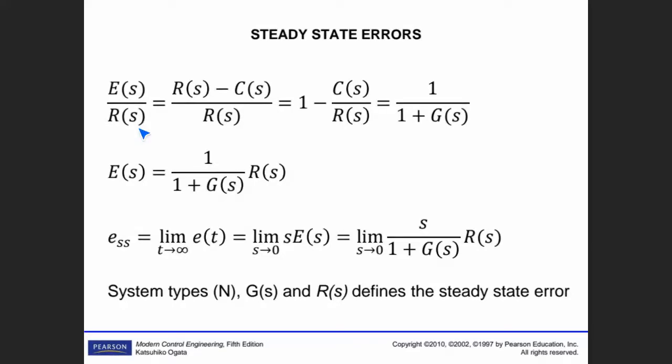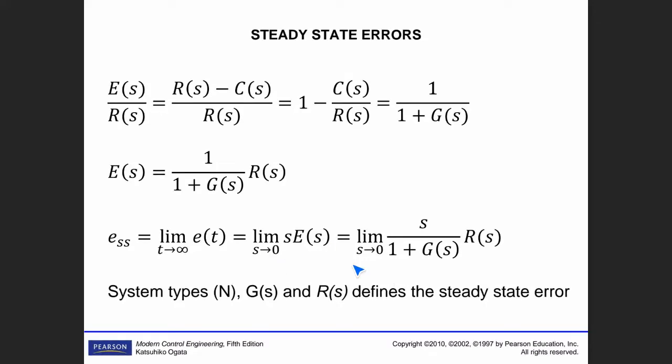That is the one you have already done, which is E(s) over R(s) is equal to R(s) minus C(s). That's the one we have obtained, and then we have derived that. You remember that e_ss is equal to the limit as t goes to infinity of e(t), which is equal to the limit as s goes to 0 of sE(s).